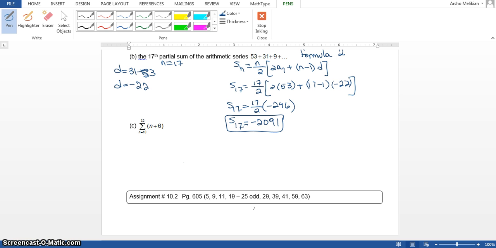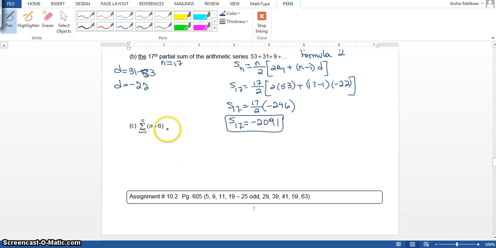Now, this last one is a bit different. We're starting from n equals 10 and going to 32. Okay? So our first one, A1, is when n is equal to 10. Right?